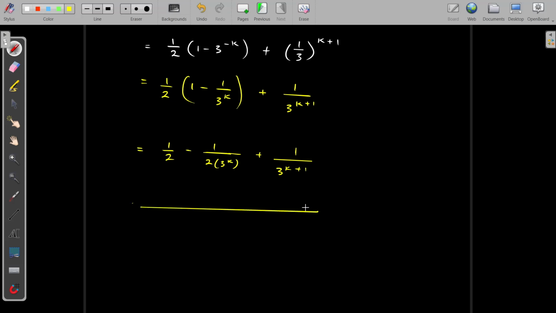Alright, so an LCM here would be 2 to the k plus 1.